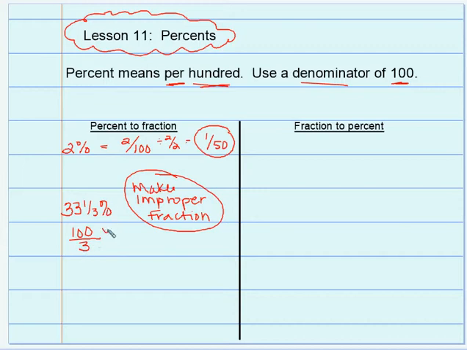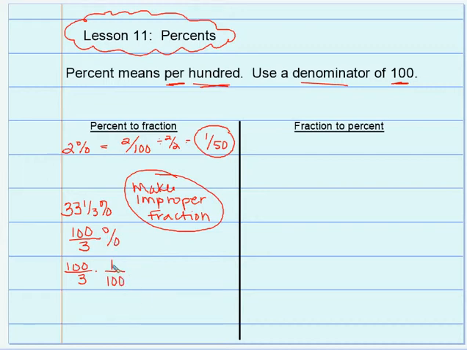But that is still a percent. So that percent means out of 100, right? So this is the same thing as 100 over 3 times 1 over 100.